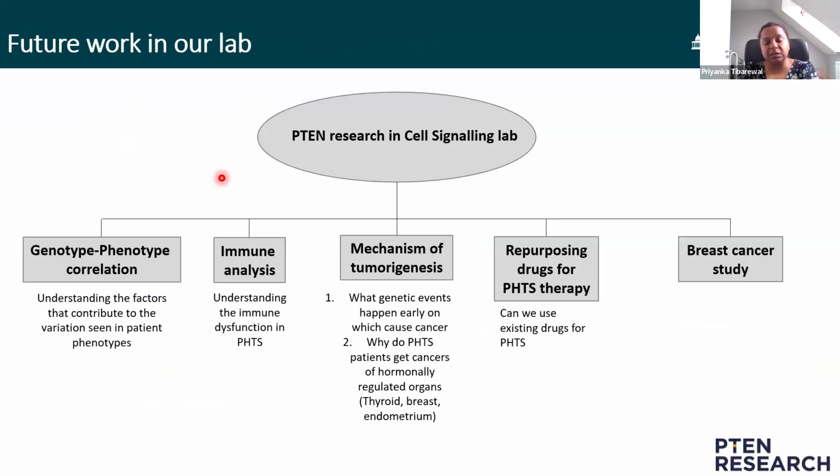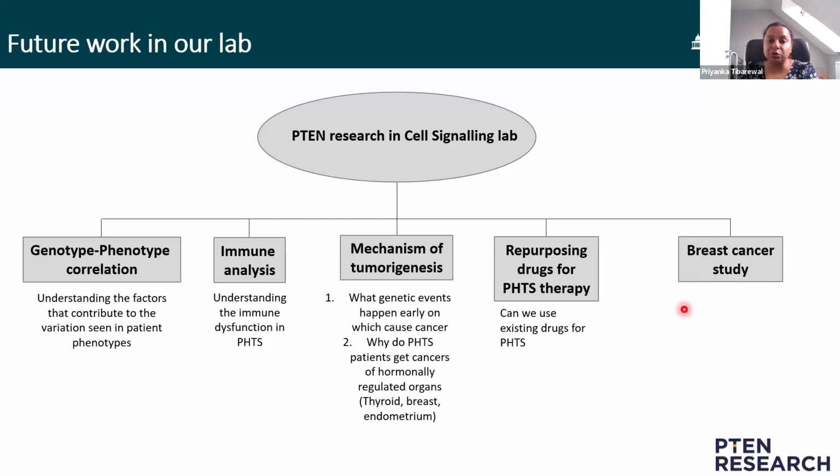Okay, so this is all the work that we are already doing in the lab. And if you notice, I've added one additional arm to the schematic. That's because that's the next project that we are starting in the lab. We have applied for funding. We are hoping we get the funding for this, but this is going to be a breast cancer study.